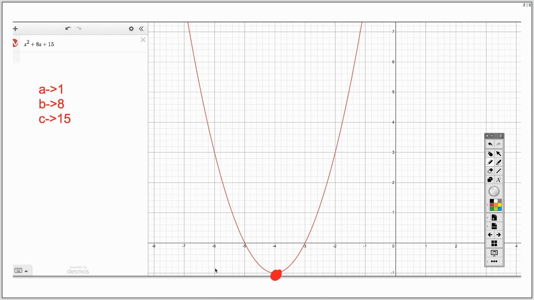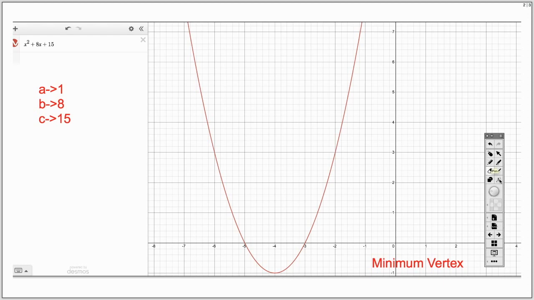We can see that all the values are above the vertex and that the vertex is at its lowest point, meaning it is a minimum vertex. To be more specific, our vertex is -4, -1.